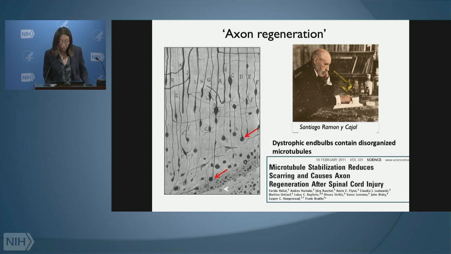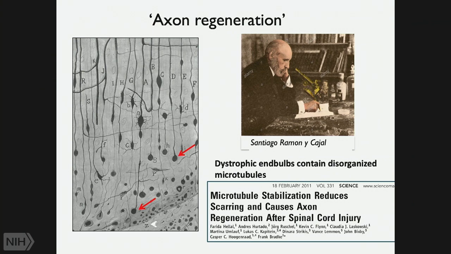Many efforts then evolved over the years, both through inhibiting glial scar inhibitors, or through microtubule-based stabilization, to help injured axons and to protect the severed ends so they can regenerate.